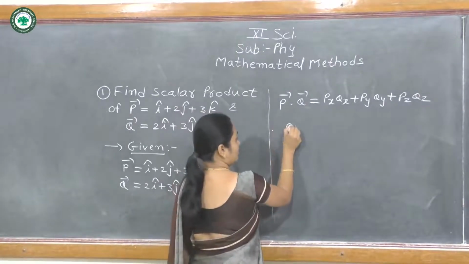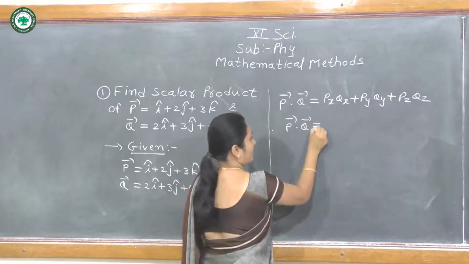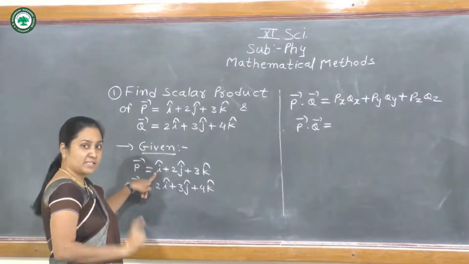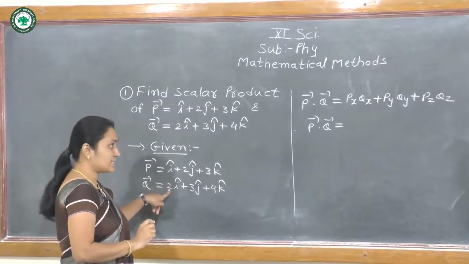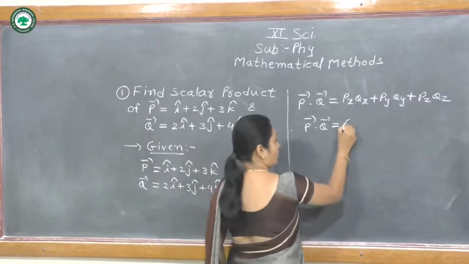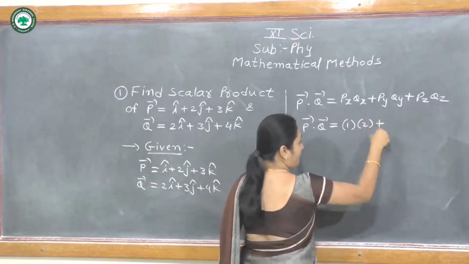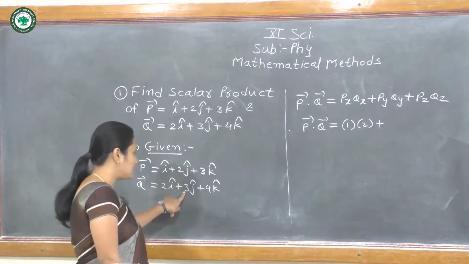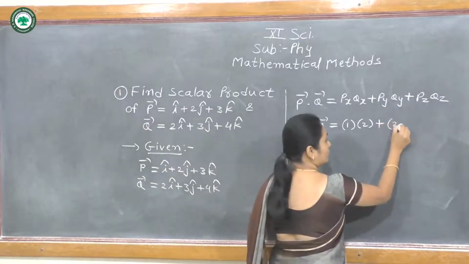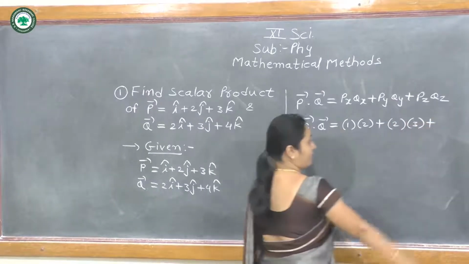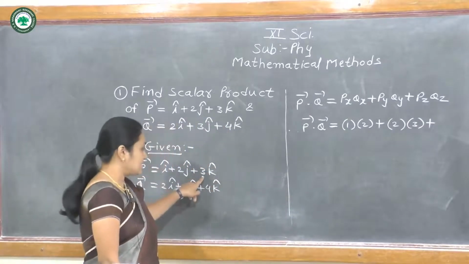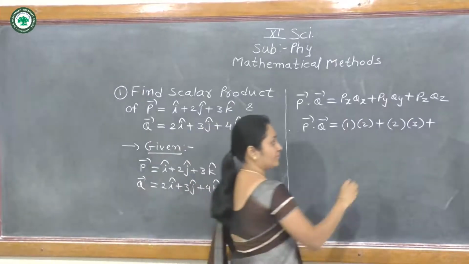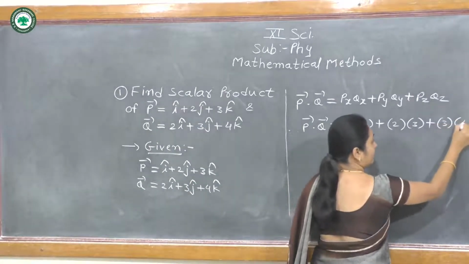So therefore P bar dot Q bar equal to, here Px is 1, Qx is 2, so 1 into 2, plus Py is 2, Qy is 3, so 2 into 3, plus Pz is 3, Qz is 4, so plus 3 into 4.